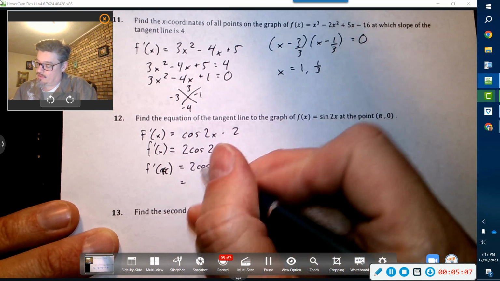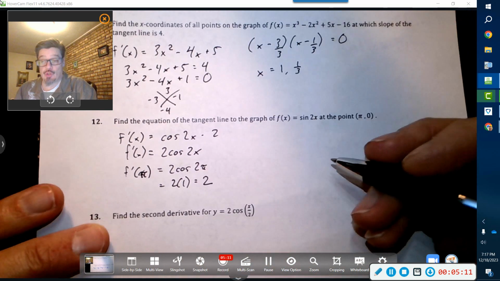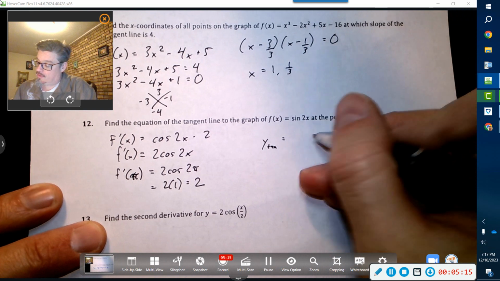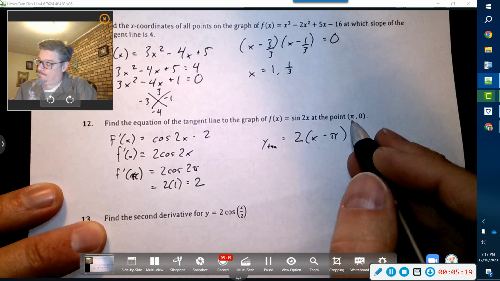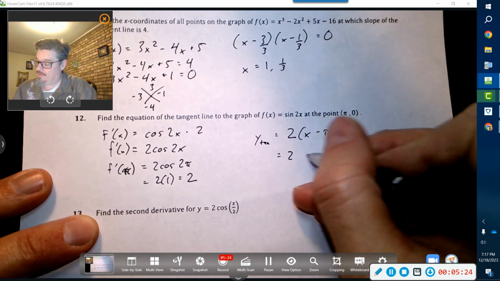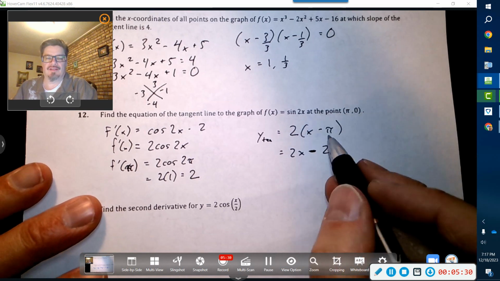So 2 times 1 is going to be 2. So it looks like the slope there is 2. Therefore, my tangent line equals 2 times x minus pi plus 0. I will just leave it like that. And if you want it in slope-intercept form, it would just look like that. But that is totally sufficient for us.